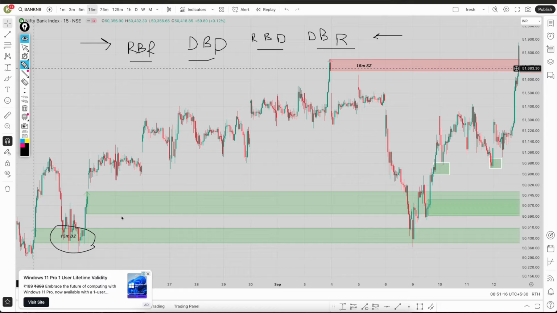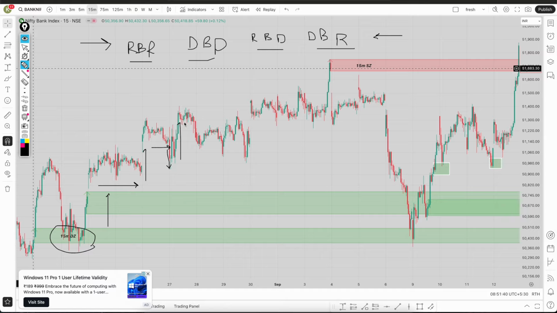So the market went up, stayed sideways for that day or the next day, then opened gap up, gave a sideways movement, and then gave a down move showing that I'm going down, please sell. So many people got trapped here, and the market went up.